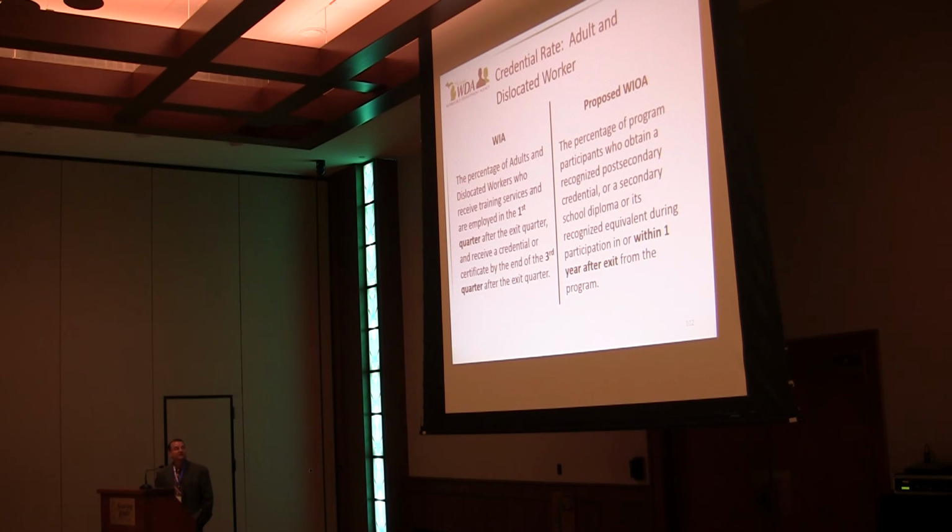The other note here is related to the attainment of the high school diploma or a GED. I think the way the regulation reads is that if the person's credential is a high school diploma or a GED, that only counts if they're employed after they exit, or if they're in post-secondary training that would lead to a post-secondary credential.